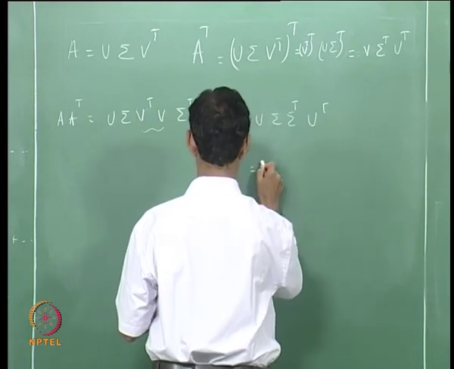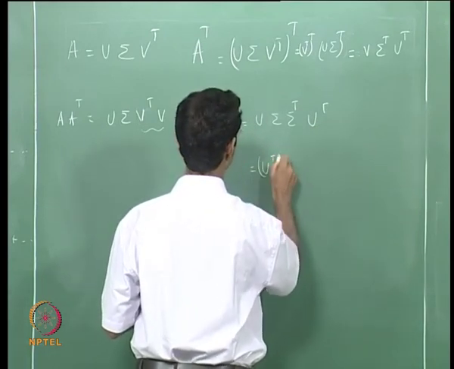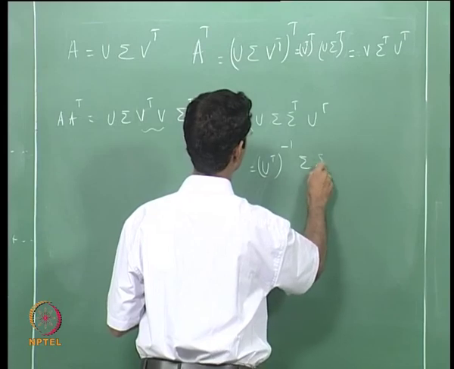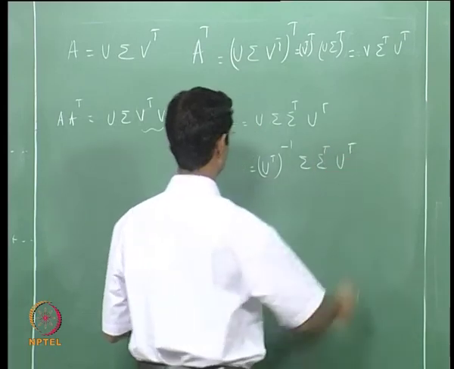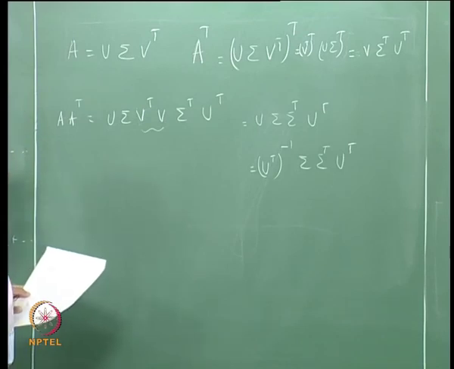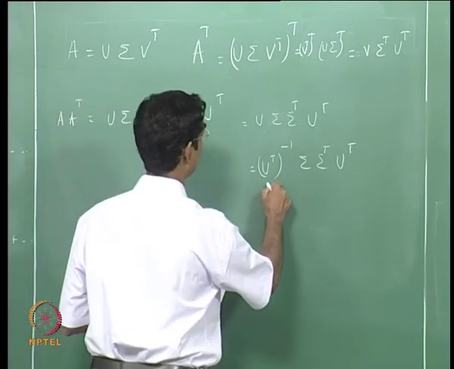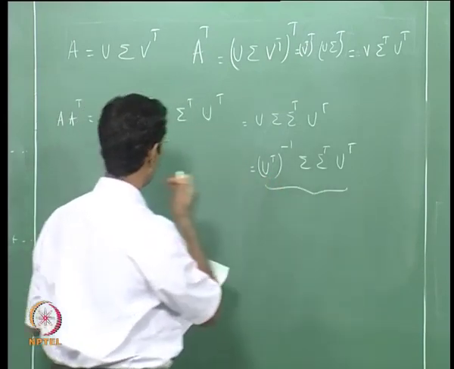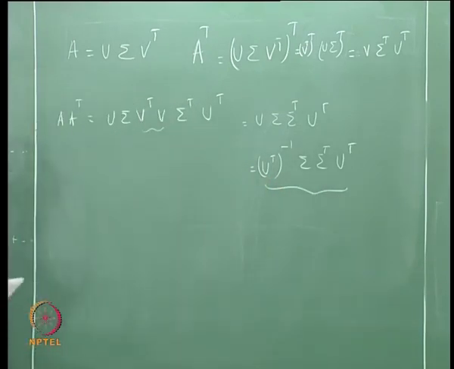So this can be rewritten as U transpose inverse sigma transpose U transpose. So what transformation of A transpose is this? That is a similarity transform.